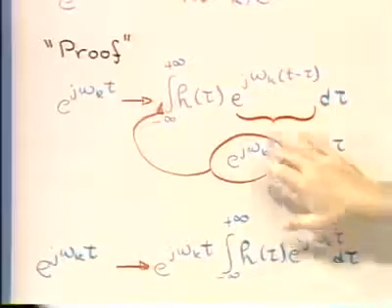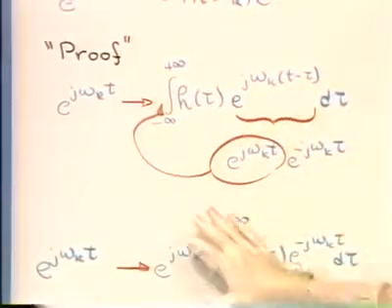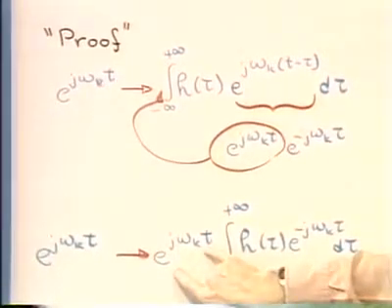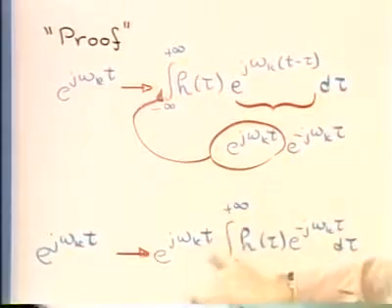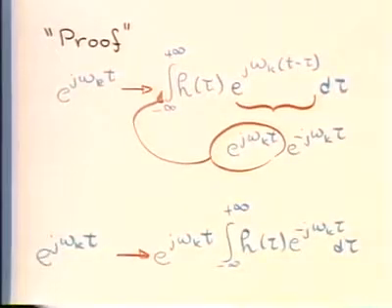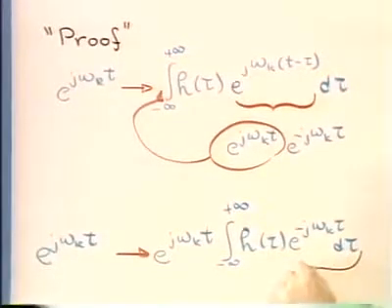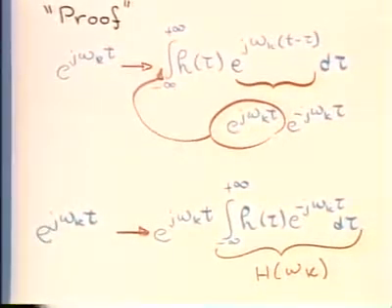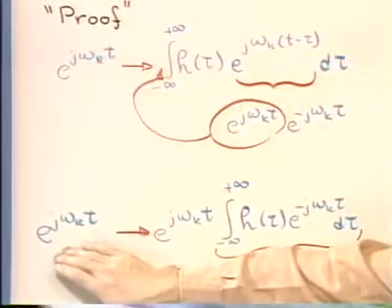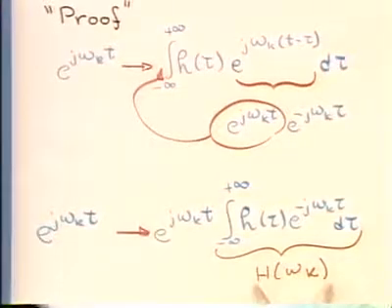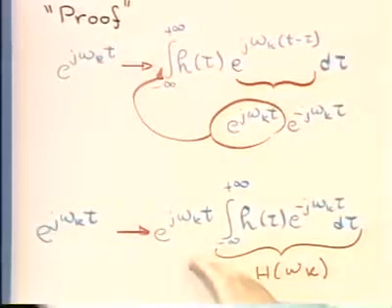And so what we're left with when we track this through is that with a complex exponential input, we get an output which is the same complex exponential, namely this factor, times this integral, and this integral is what I referred to above as H of omega sub k. And so, in fact, we put in a complex exponential, we get out a complex exponential of the same frequency multiplied by a complex constant, and that is what's referred to as the eigenfunction property.